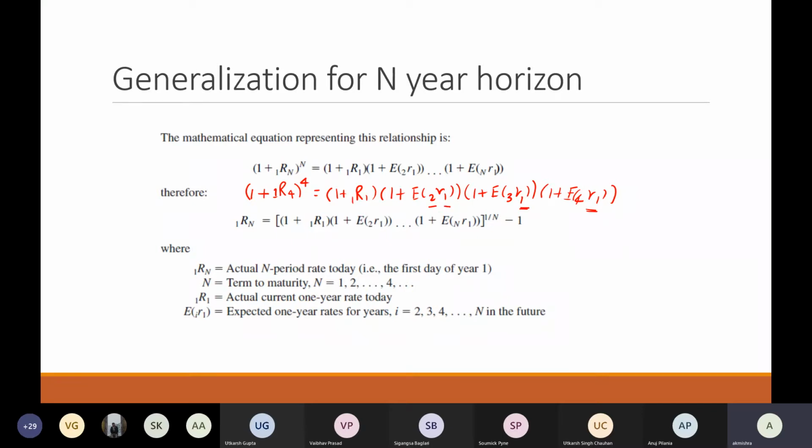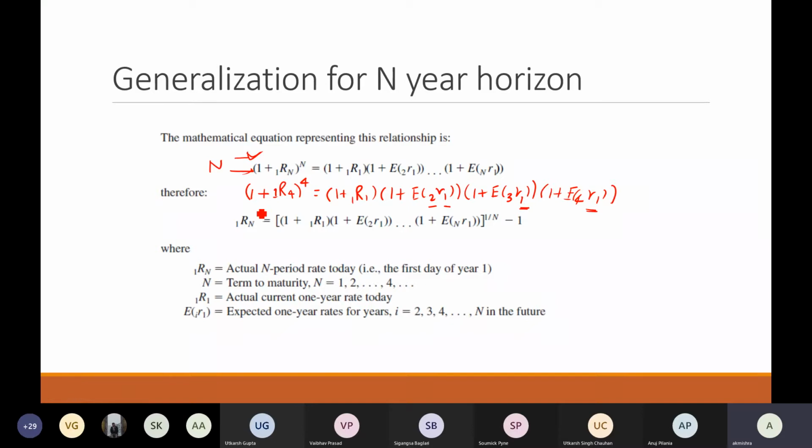So the unbiased expectation theory suggests that investors are going to be indifferent between these two choices. And if we generalize this for n time periods, we can get this relationship.